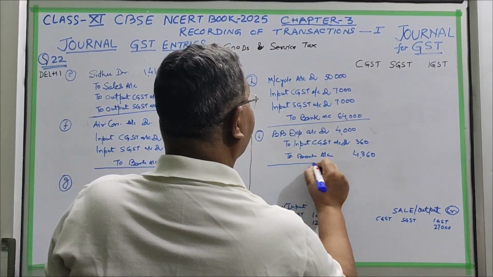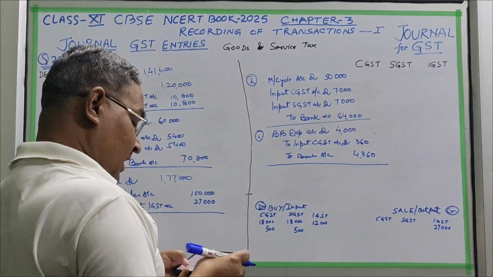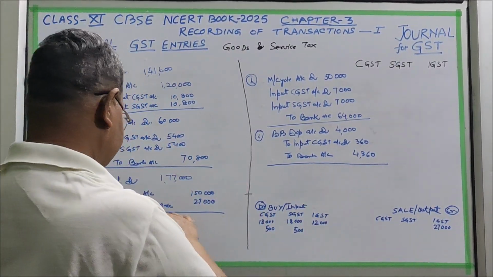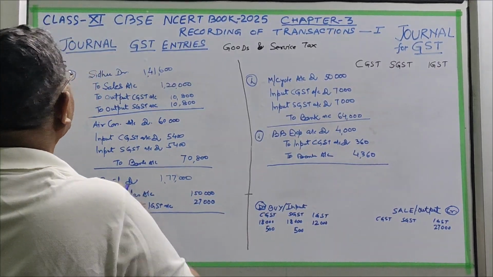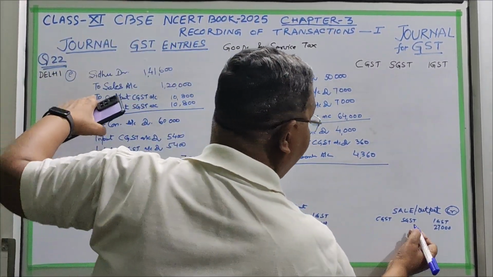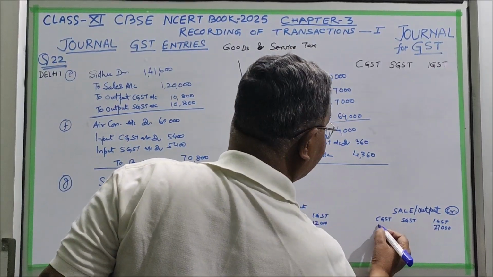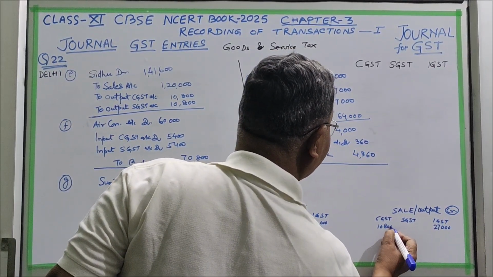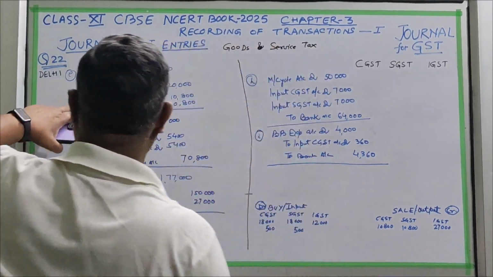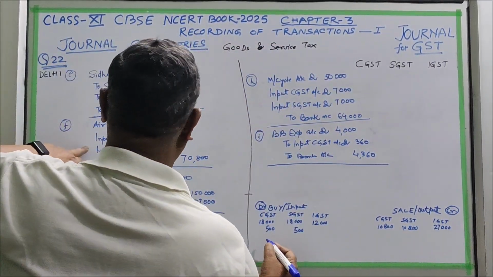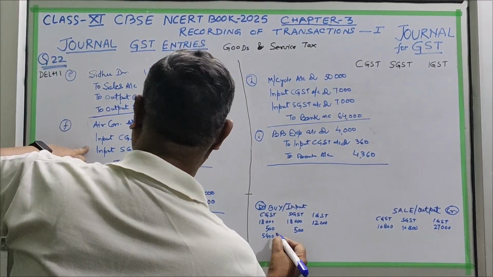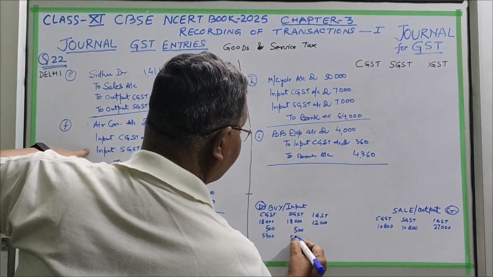Now we will make the posting from this. Output CGST account: 10,800, 10,800 and 10,800. This entry is over. Then input 5,400, 5,400 and 5,400 is here.